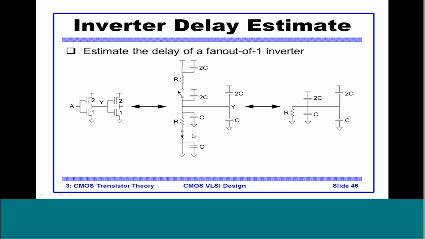This C doesn't matter because it's connected within 2 grounds. So we see that in effect, for the fan out of one inverter, when PMOS is open, the delay is 6 RC. That is what I said, that using this RC delay model, we can estimate the delay of a particular design. Obviously, the delay values we are not concerned about.